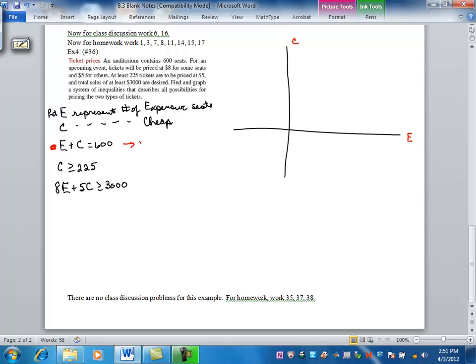If we take this equation, E equals 600 minus C. So when C is 600, E is 0. And when E is 600, C is 0.